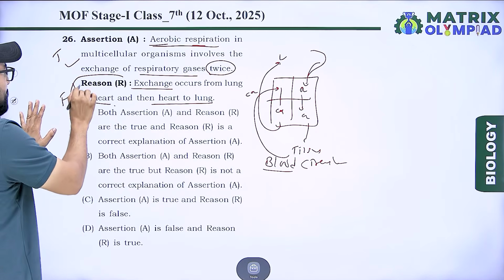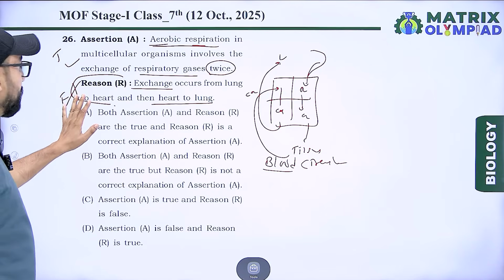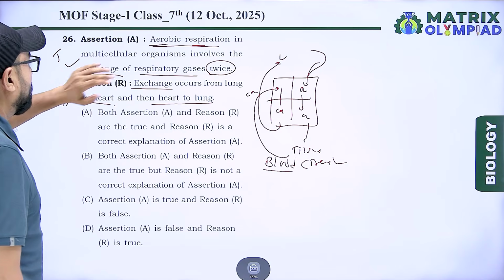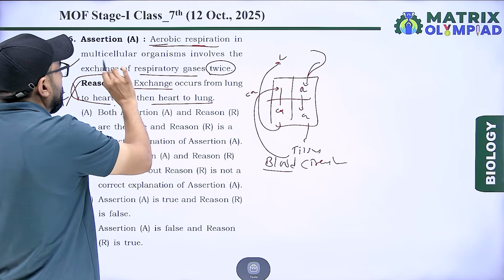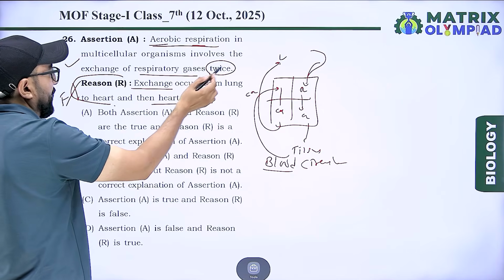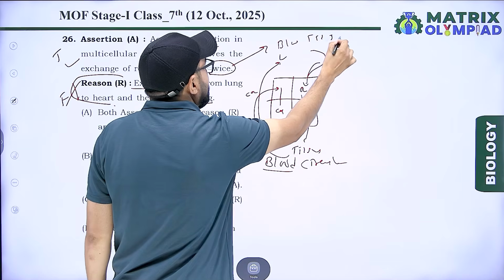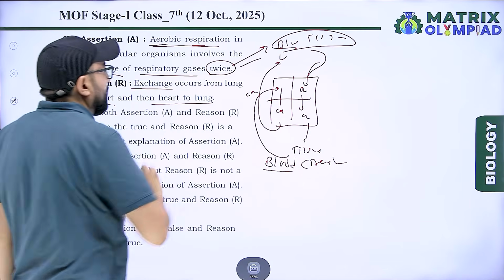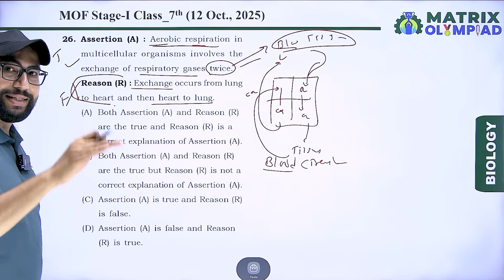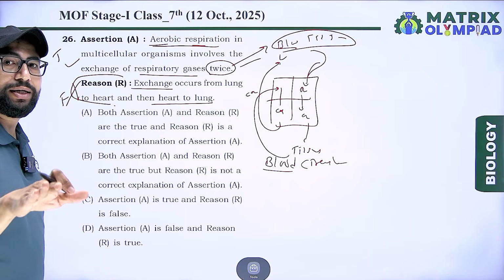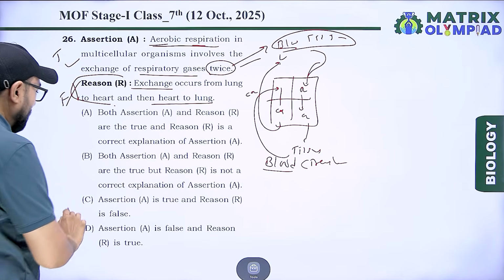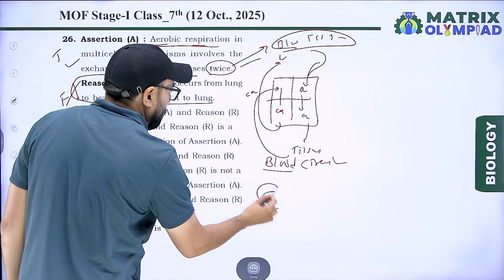So the reason is wrong, but the assertion is right because aerobic respiration in a multicellular organism involves the exchange of gases twice, in blood, tissue and cell. Assertion is right, but reason is wrong. Option C is correct for this question.